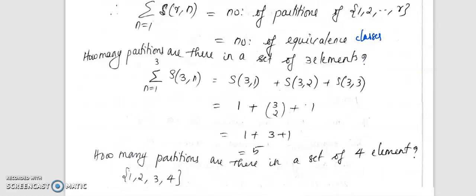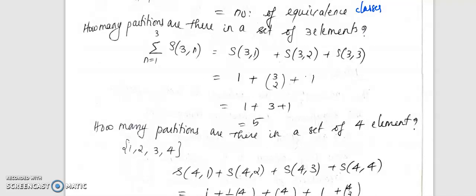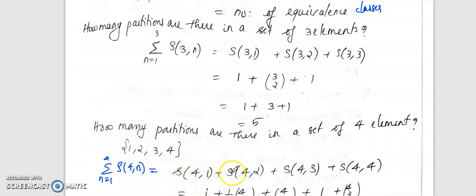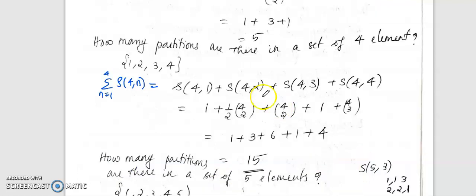Now, if you have a 4 element set, let us look at the number of partitions. That will be the summation n equal to 1 to 4 of S(4,n). So that will be S(4,1) plus S(4,2), S(4,3), S(4,4). S(4,1) will be equal to 1. S(4,2) you can write as 4C3 plus 3.